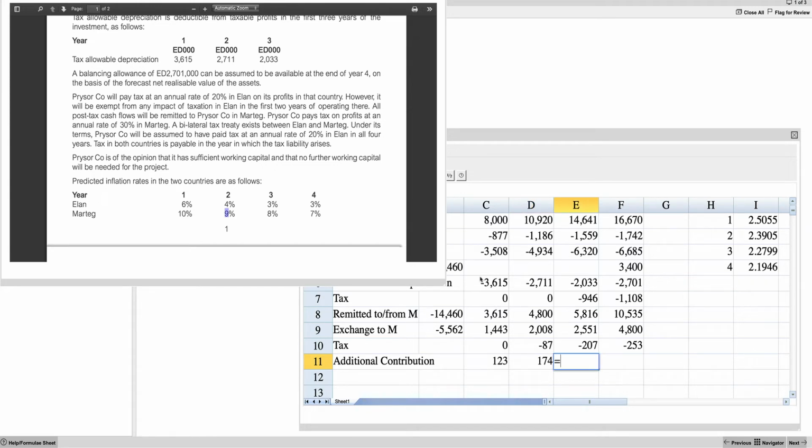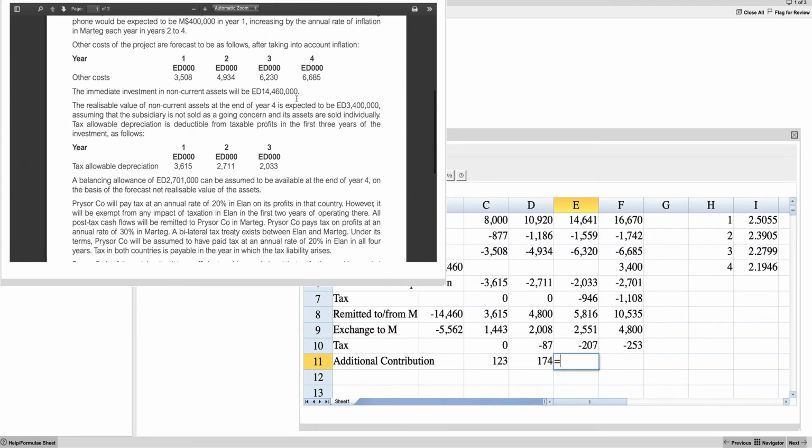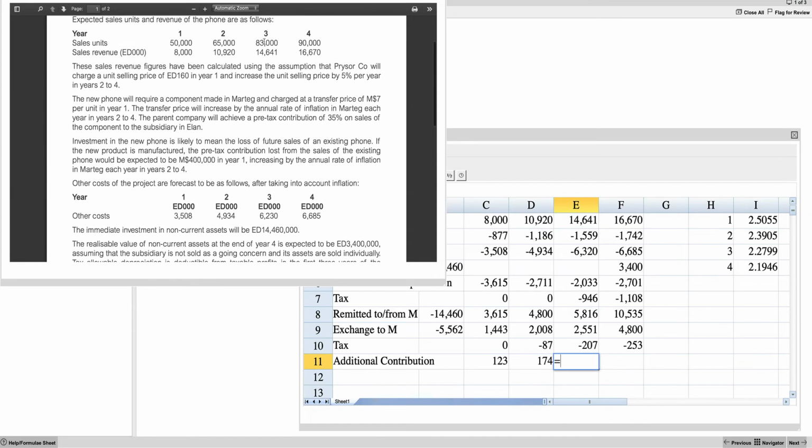Same here then, it would be 83 times by 7 times by 1.09 times by the exchange rate again.